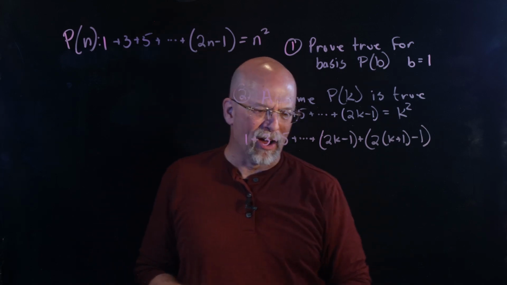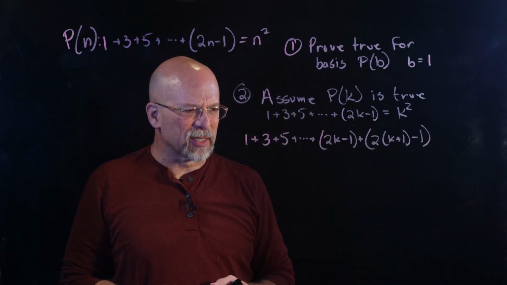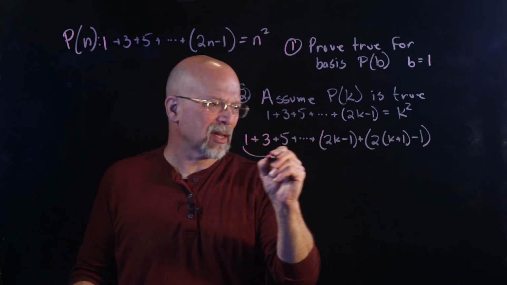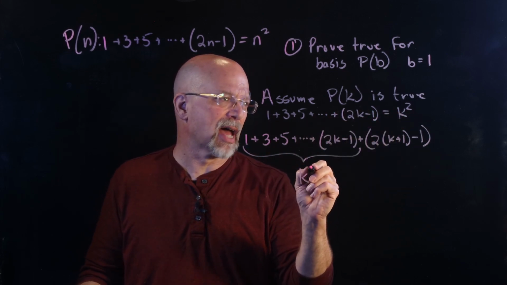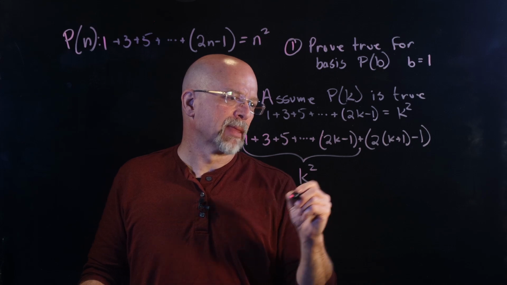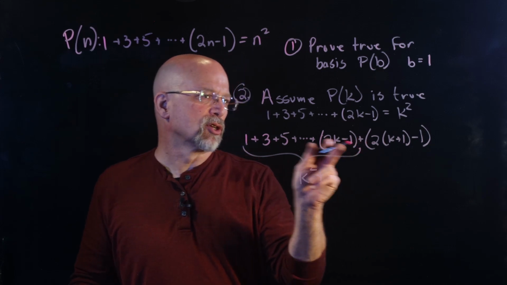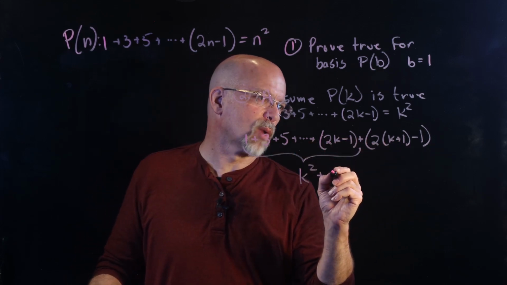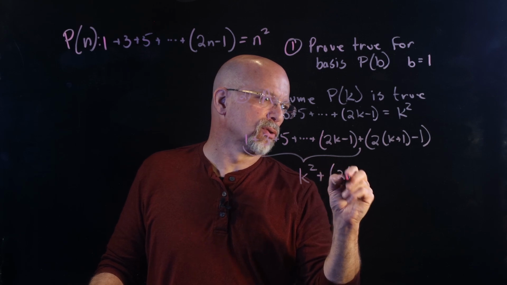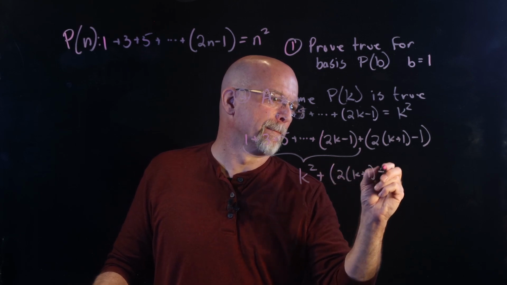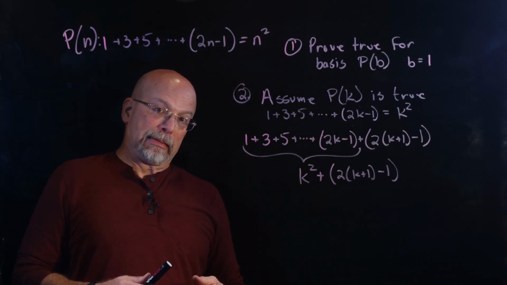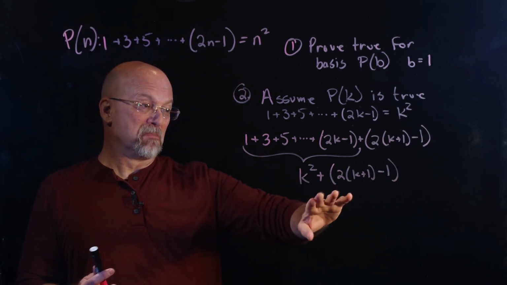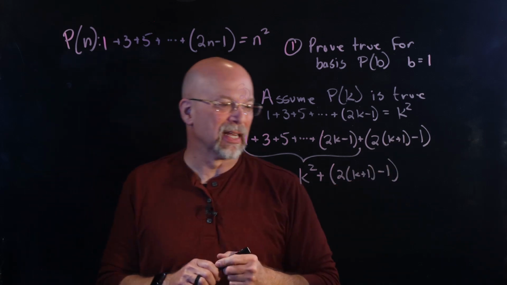All right? Now, how exactly are we going to work this out? Well, this guy, remember, we've already made the assumption that that's true, and I've got k squared, right? And so I can just substitute this bit right here for k squared and get 2(k+1) minus 1, right? All right. I guess what I could do is multiply that out into its different elements, right?